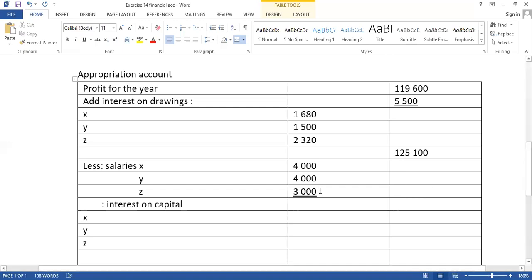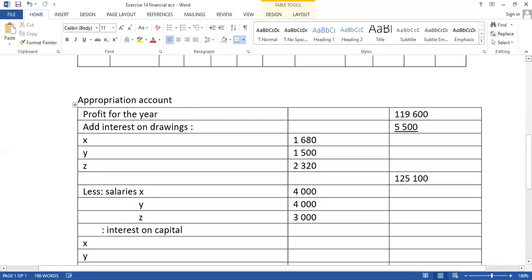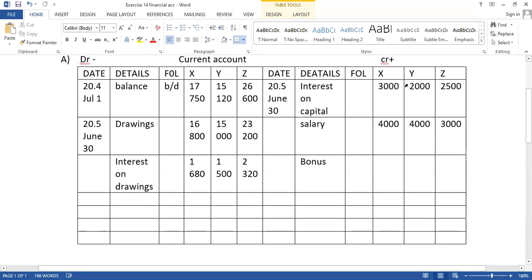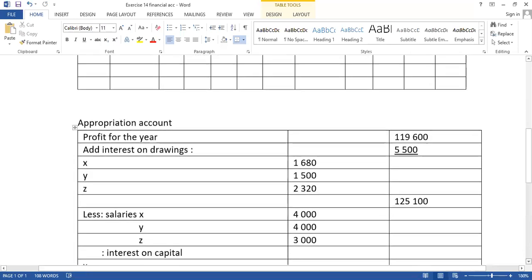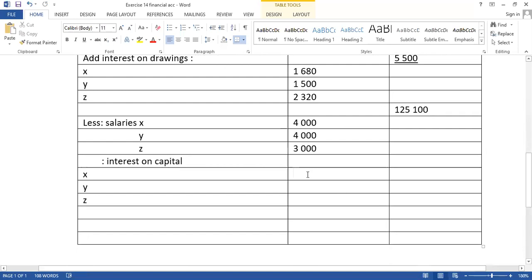Okay, so interest on capital of X is how much? 3,000, 2,000, and 2,500.